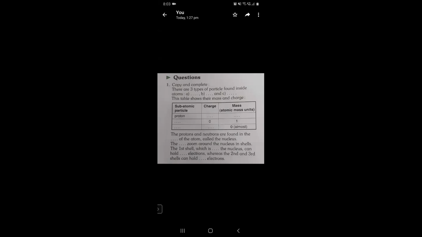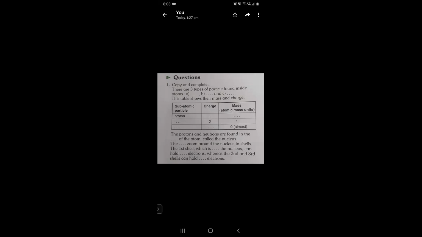Right. So how did you decide that the second blank in the subatomic particle column is a neutron? Yes, because the charge is 0.